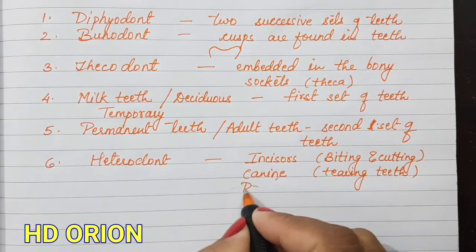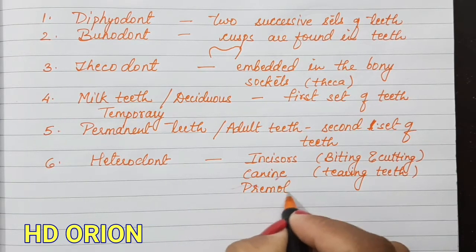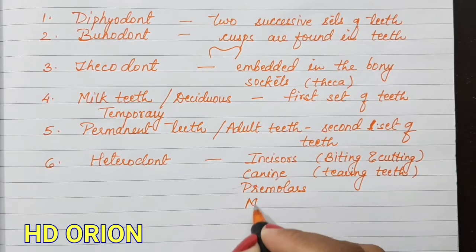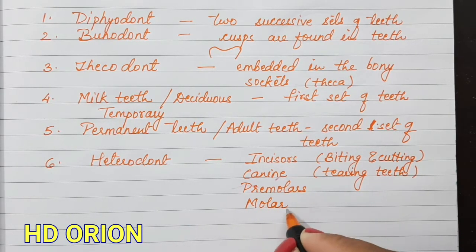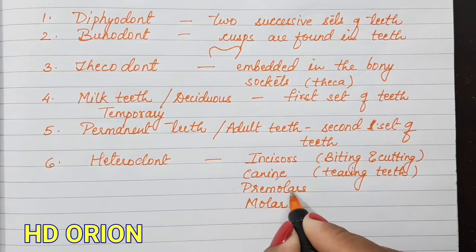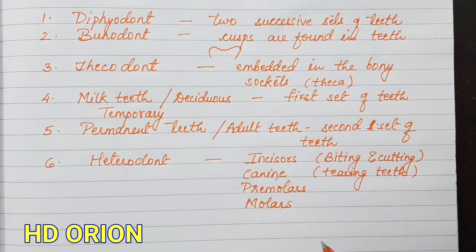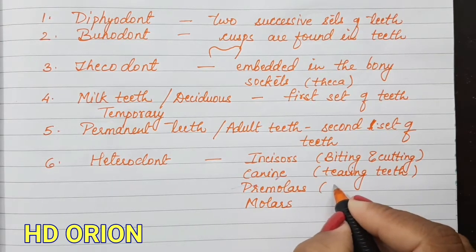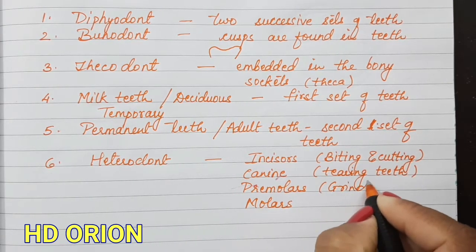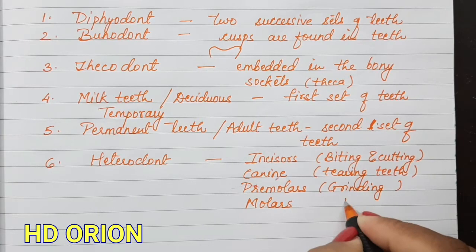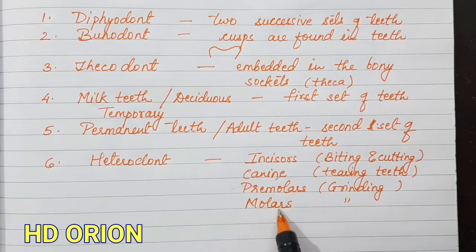Then comes the premolars and the molars. These teeth have the cusps. I told you that the human teeth is bunodont, so premolars and molars have cusps, and both of them are known as grinding teeth. The grinding and crushing part is done by the premolars and molars.